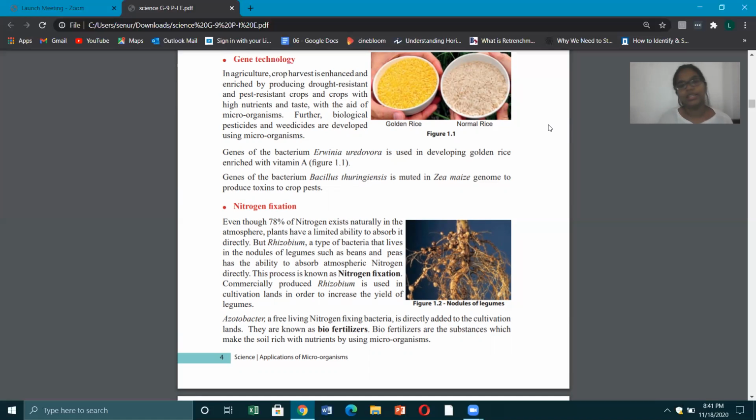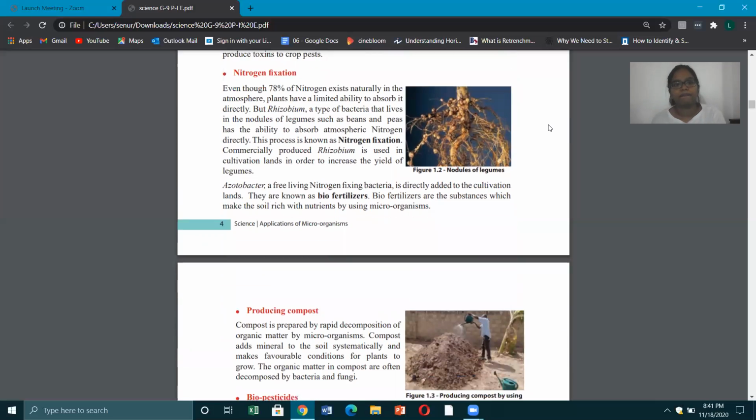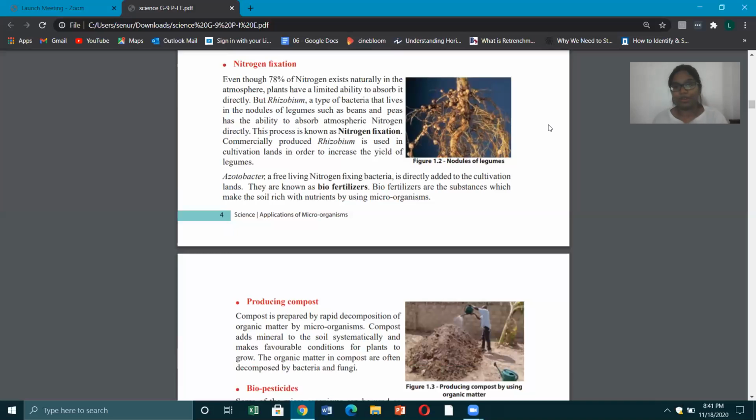Okay, so the next factor, the favorable effects of microorganisms, is nitrogen fixation. I hope you all know nitrogen is the gas which is there in the atmosphere in a bigger percentage.